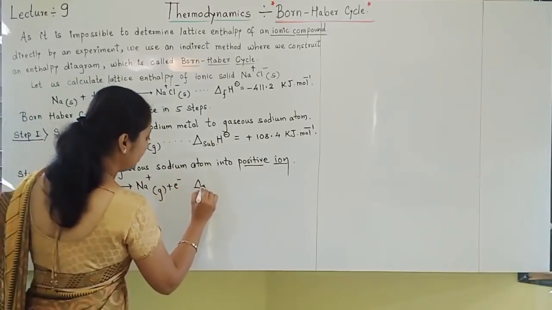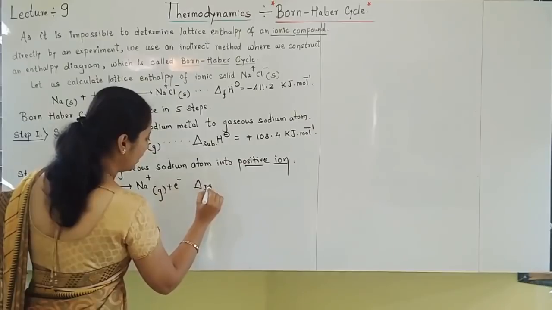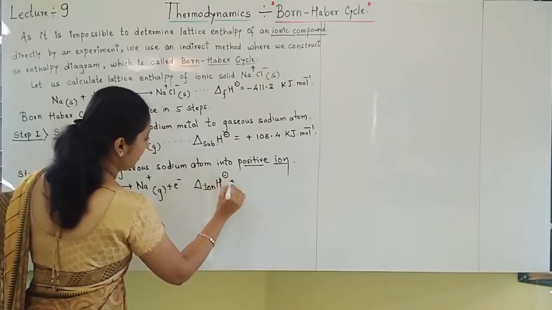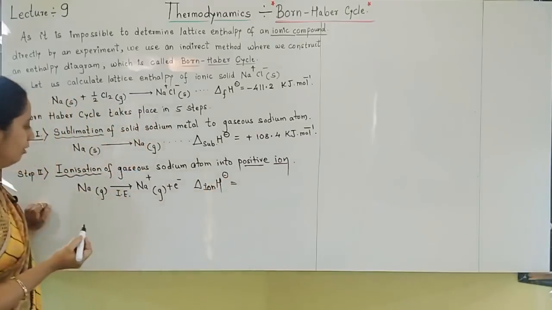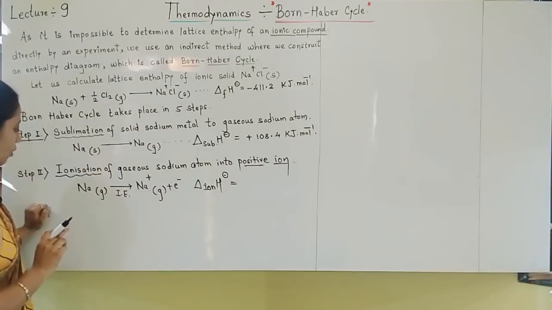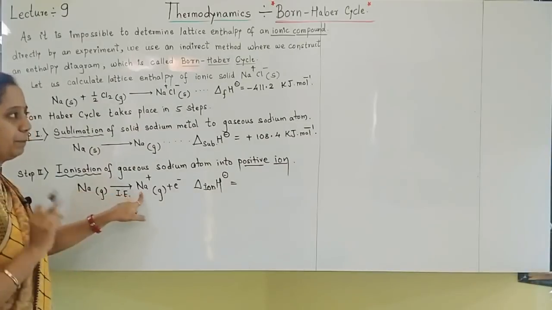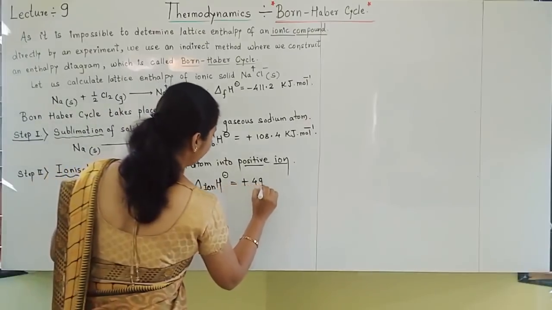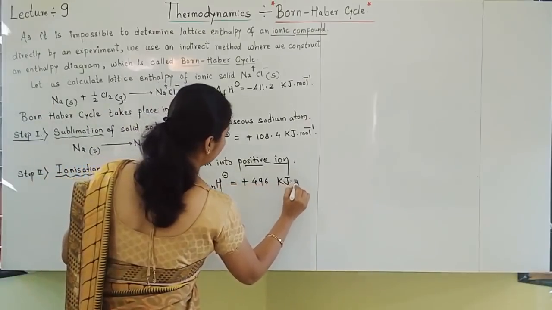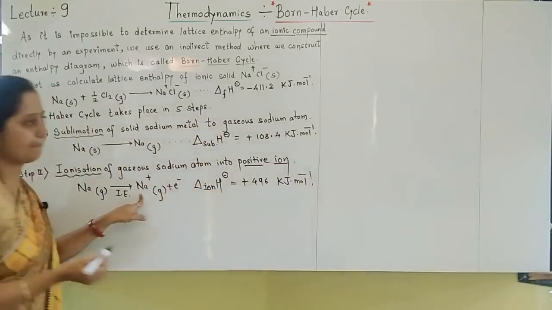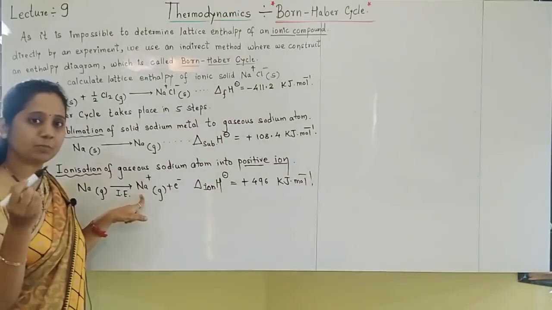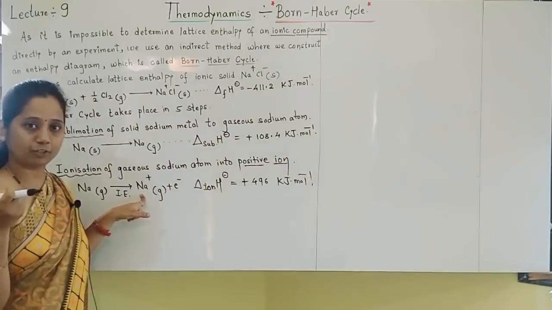Delta H ionization, I will write ion. For ionization of Na into Na plus, again energy is required. Why is energy required? Because ionization means removal of an electron.